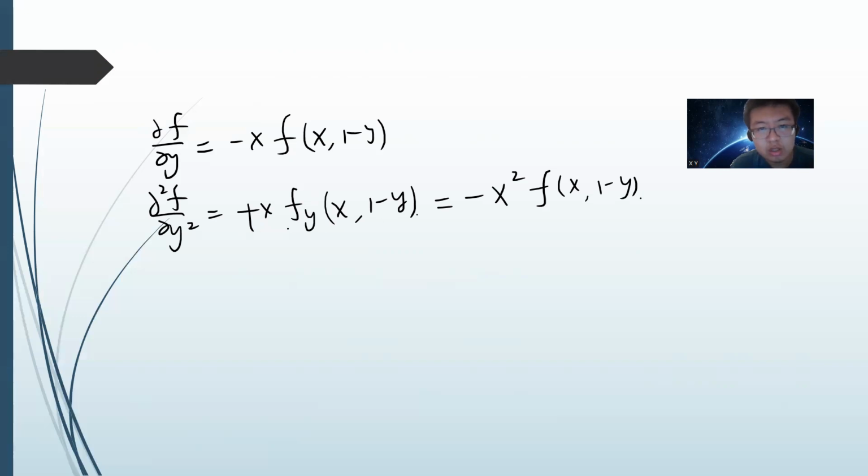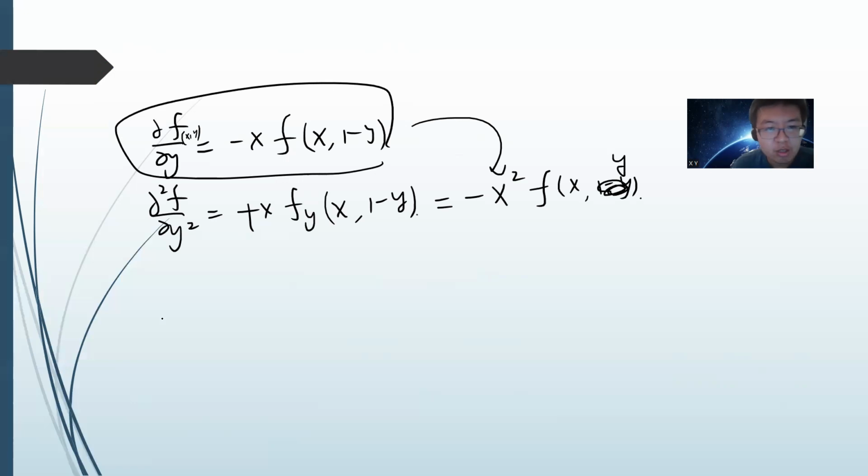When you plug in the second derivative, you need to change y to minus y, so this will be y, because you use this equation again. So now the second partial derivative in y is minus x squared f(x,y).